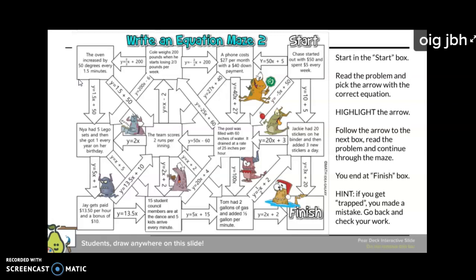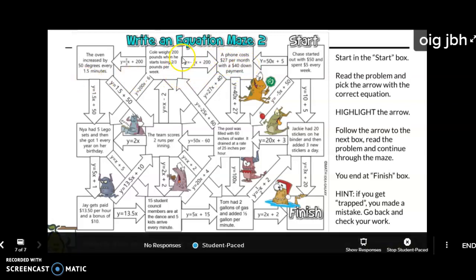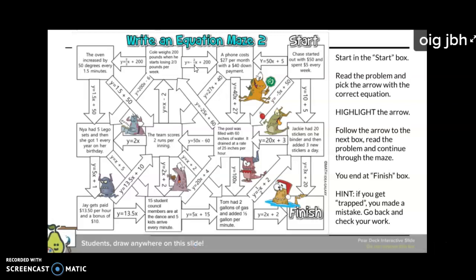From each of the boxes, there are different equations that are already written for you. The answers that you are picking from are the arrows that are moving away from the word problem.